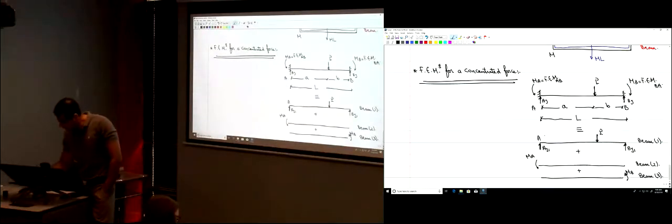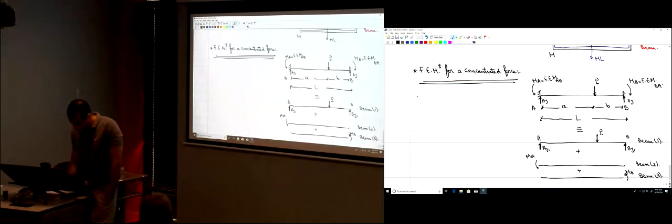This is point A, point B. So from the equilibrium of beam 1, just take the summation of the moments about point A equal to 0.